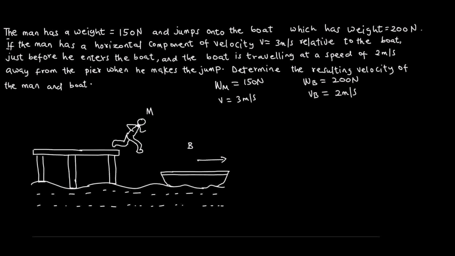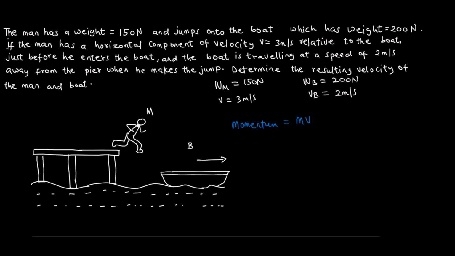We know that momentum equals the product of mass and velocity. So the principle states that if two objects collide, then the sum of their momentum before collision will be the same as the sum of their momentum after collision.